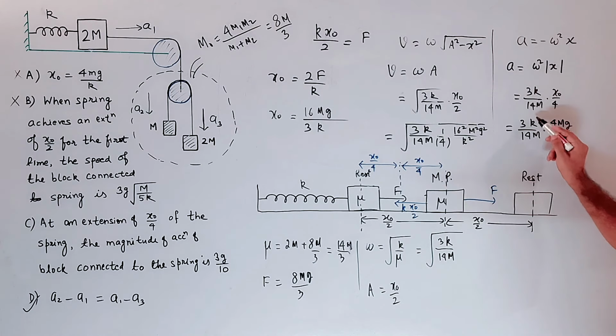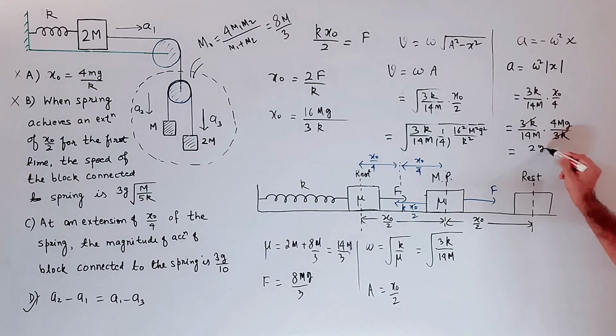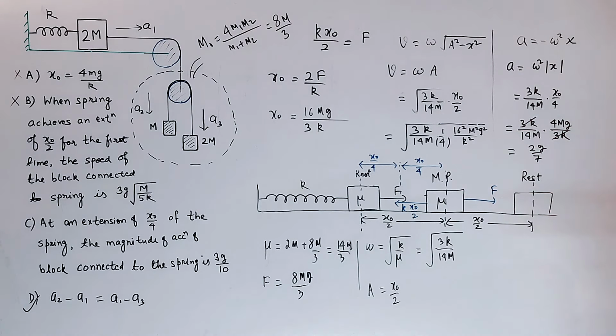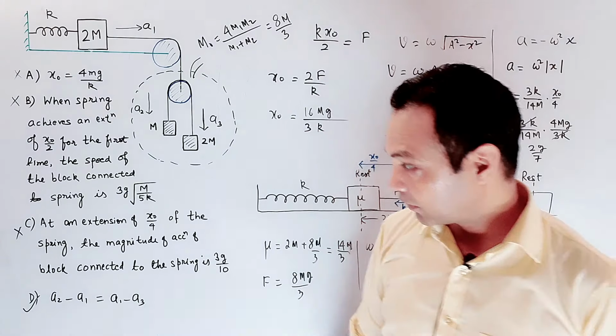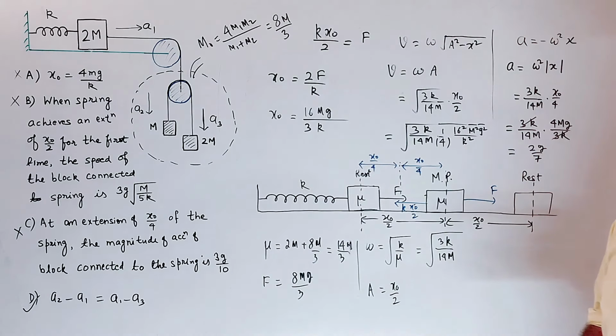So that 3k will get cancelled, so we will get 2g by 7, and that is also not this answer. So this option is also incorrect. So the only thing that remains, the correct answer is option D, and that is our answer.